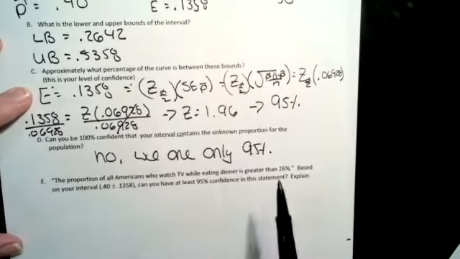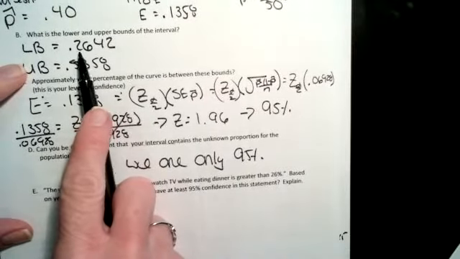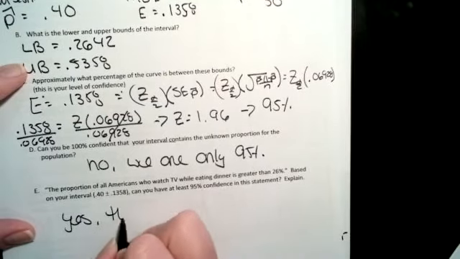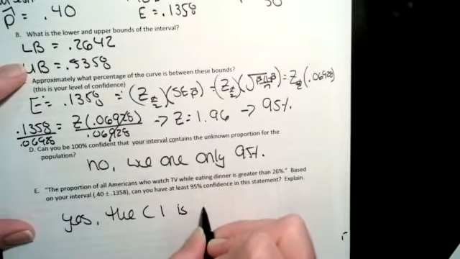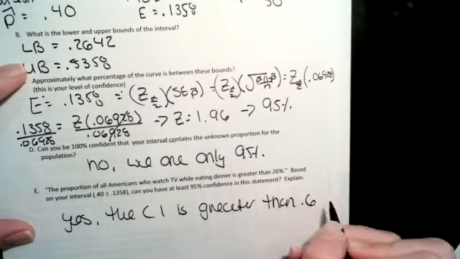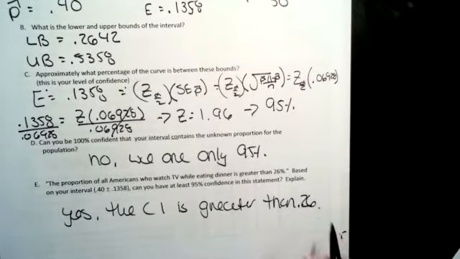So I'm going to go back up to my lower bound and my upper bound. The lower bound is 0.26, so it is above 0.26, and this is a greater than statement. So yes, the CI is greater than 0.26. That's it. That's all I had to do.